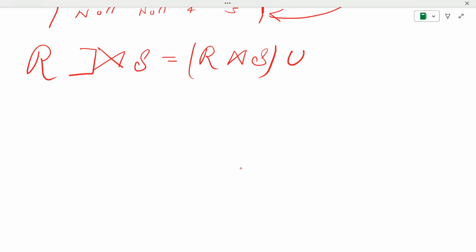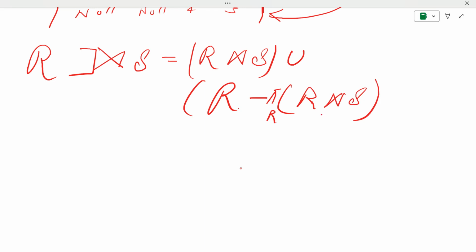From R we are subtracting those records which are present in R natural join with S, and then we are doing a cross product with null, null, null, whatever be the number of attributes present in S.